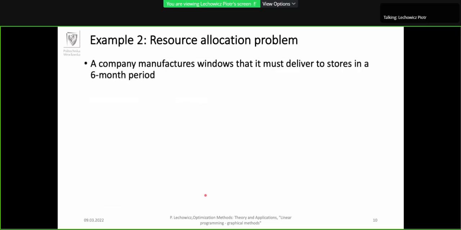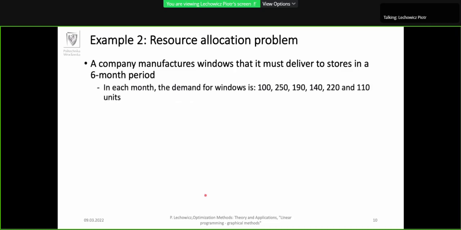And here is another example to show you how to convert the description of a problem, how to formulate a mathematical model for a problem. So let us consider a company which produces windows, and these windows have to be delivered to stores in a period of 6 months, and in each month there is a different demand for the windows.